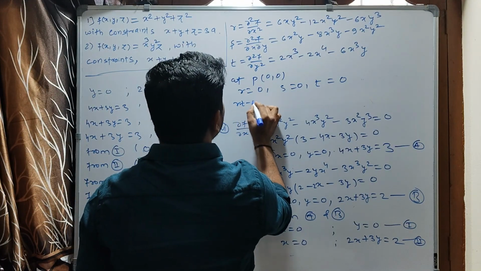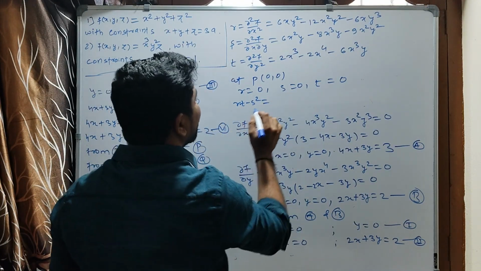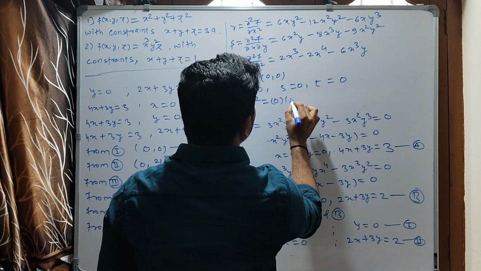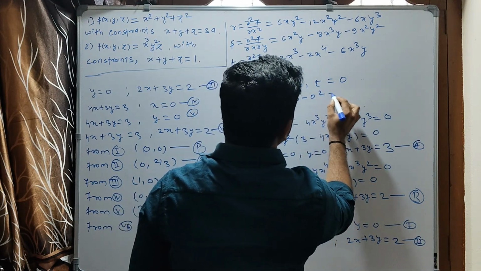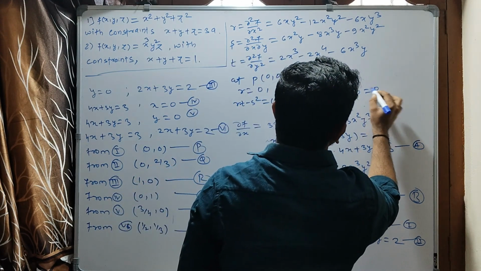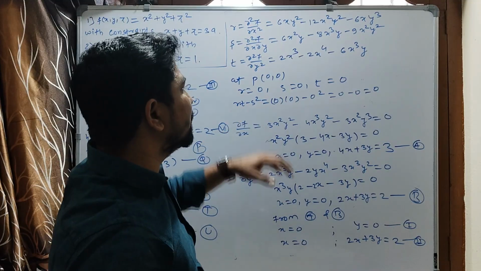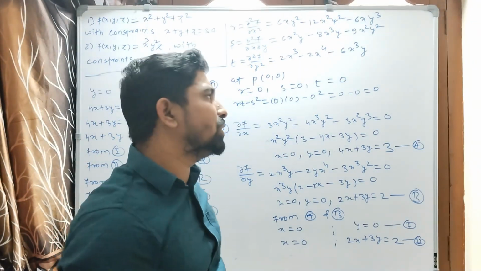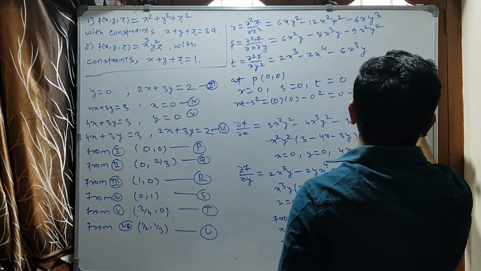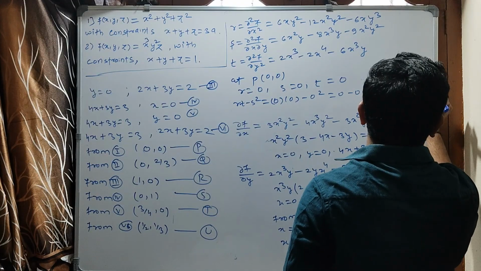Therefore rt minus s square equals 0 into 0 minus 0 square, which is 0 minus 0, which equals 0. So rt minus s square equals 0, and at that time the test fails. Therefore at P the test fails.